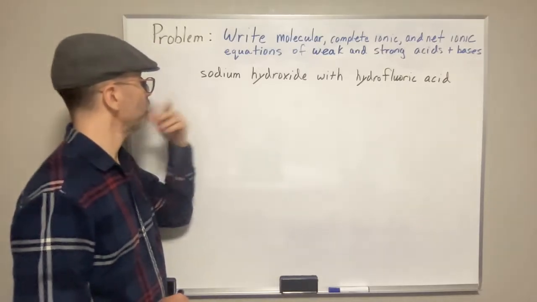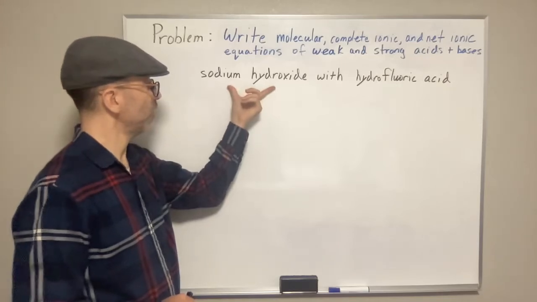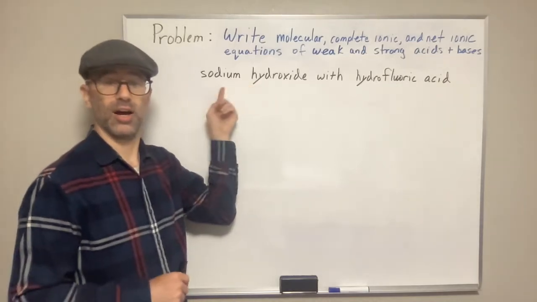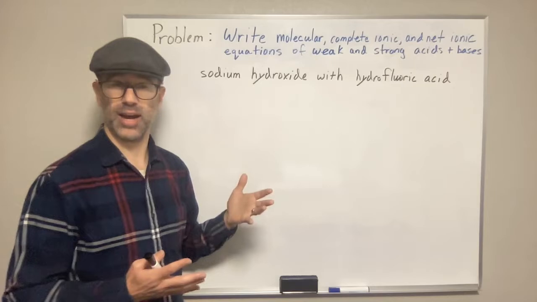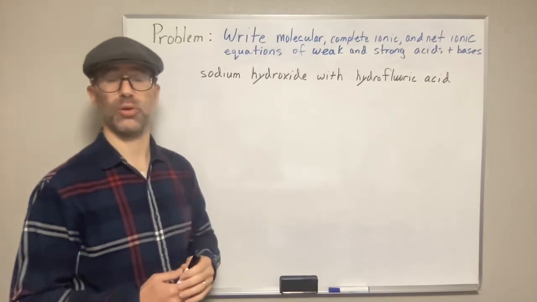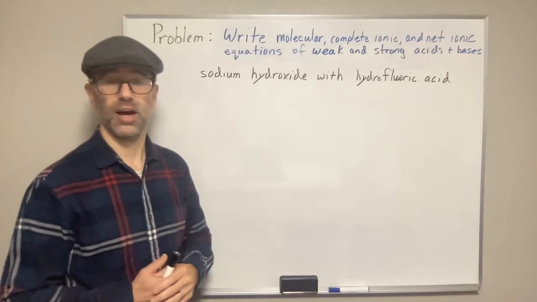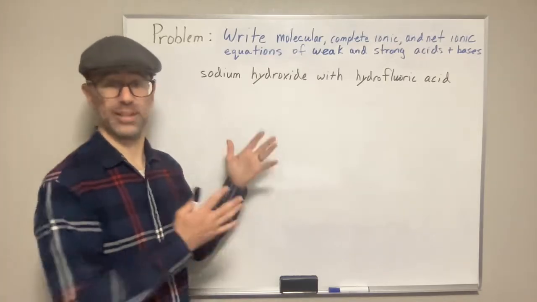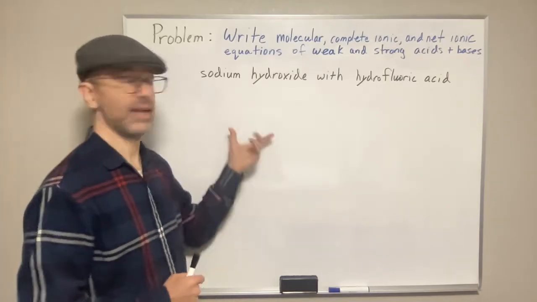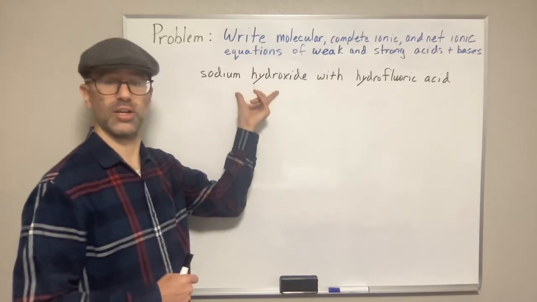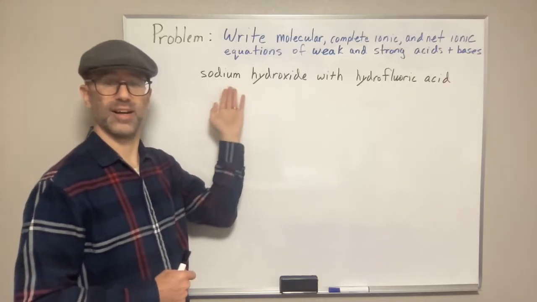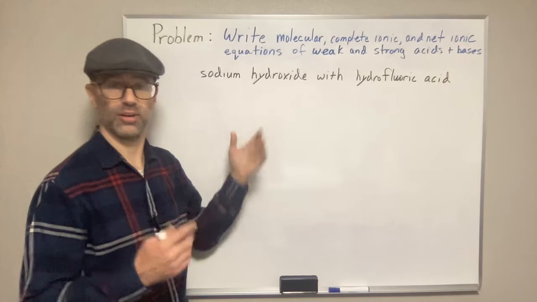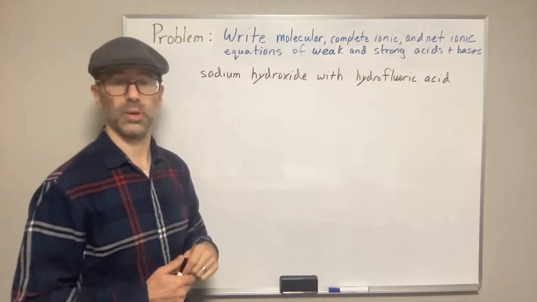So here we have a strong base, and again, you have to know what the strong acids and strong bases are. There's only 6 strong acids, so you should know those. Anything that's not one of those 6 is going to be a weak acid. And again, there's only a certain number. There's only a certain kind of hydroxides that are going to be strong bases.